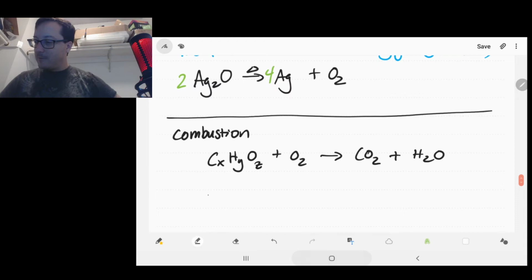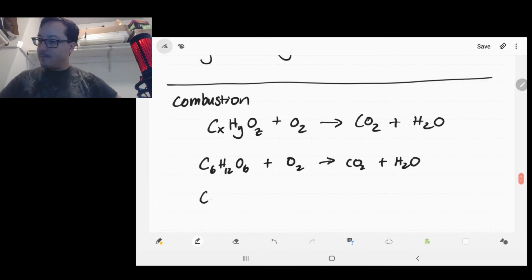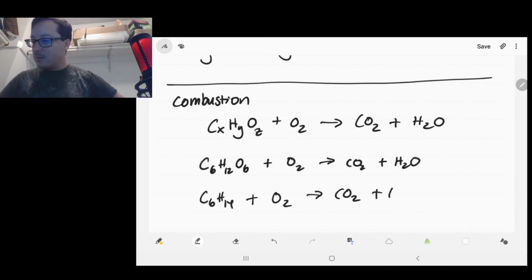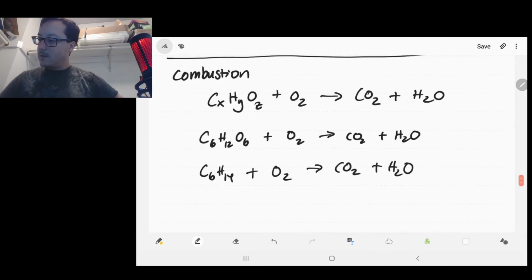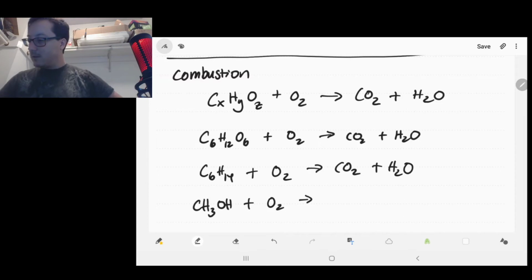So, for example, if we burn glucose, we make CO2 and water. If we burn hexane, we get CO2 and water. If we take methanol and burn it, guess what? We get CO2 and water.